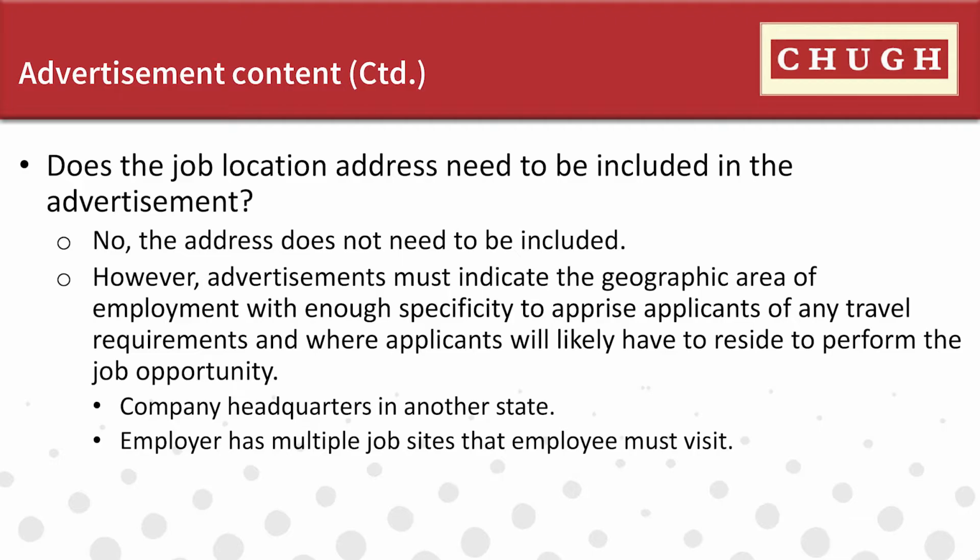I provide some examples here. Let's say that a job is intended for the state of Illinois, and there's a branch office for the employer in the city of Chicago. So that's where the job location is, and the ads have to specify that the job is for Chicago, Illinois.